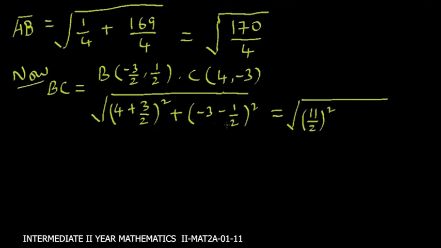Then 3 times 2 is 6, minus 6 minus 1, minus 7 by 2, whole square.